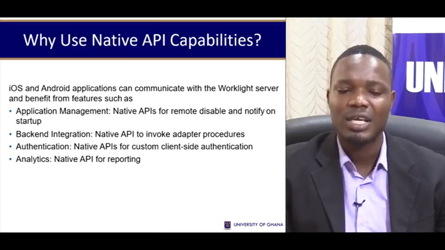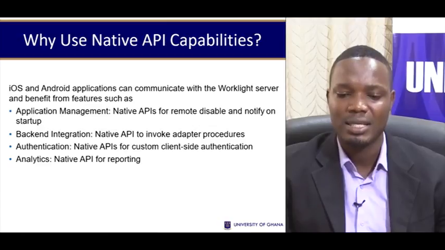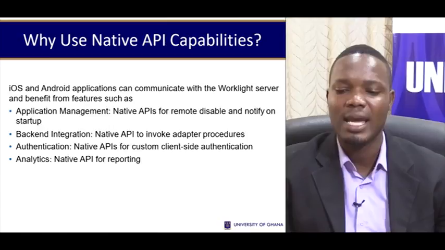Some of the reasons why you would want to use the native API is that you gain control of the application, so you can manage the application. Native APIs can be used for remote disable and notify on startup.